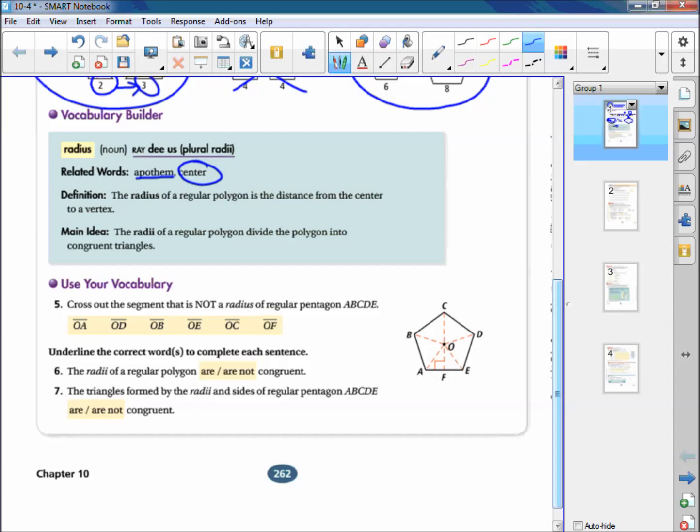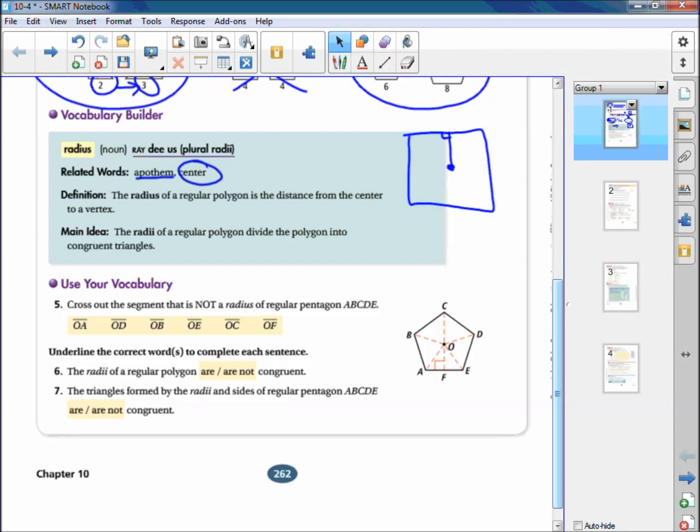And then the definition: the radius of a regular polygon is the distance from the center to the vertex. So remember the apothem, we take our old square again, is the distance from the center perpendicular to one of the sides, and our radius is going to be the distance from the center to one of the vertices. Now we used the radii last time, but we never wrote down a definition for it.